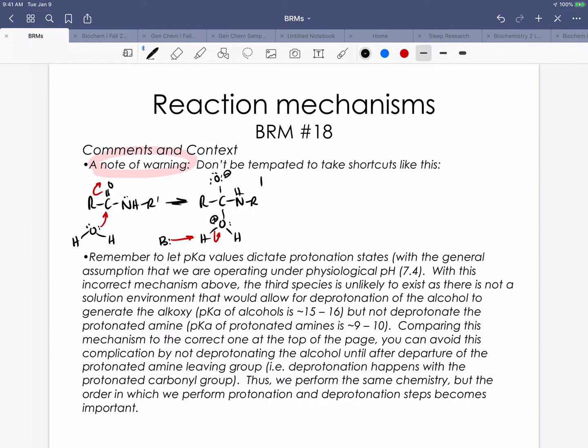And we want our amine group here to be a good leaving group, and so we're going to need to protonate it. So while that logic is sound, if we look at the intermediate that we get here, it's not really logical from a protonation state.